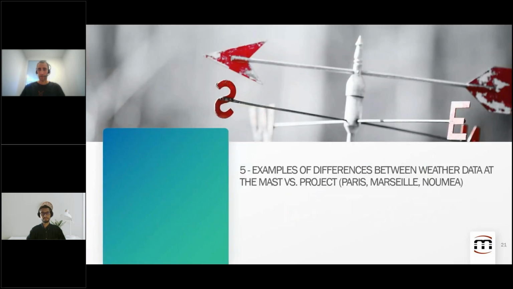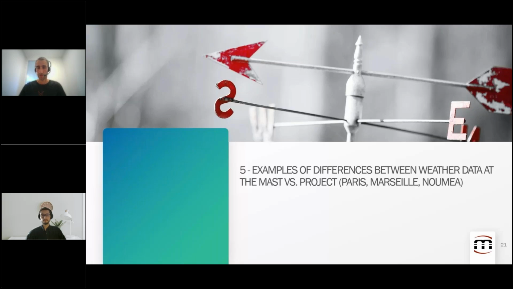So I would like to focus now on some examples and the difference I will have between a simple law, as I explained before with the logarithm law, and the one which is more complex, such as CFD, to see if there are big holes and how important it is in my wind comfort analysis.